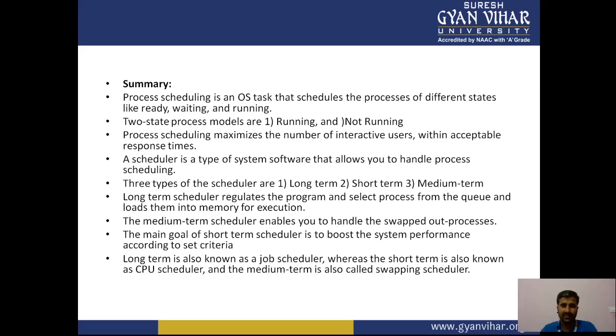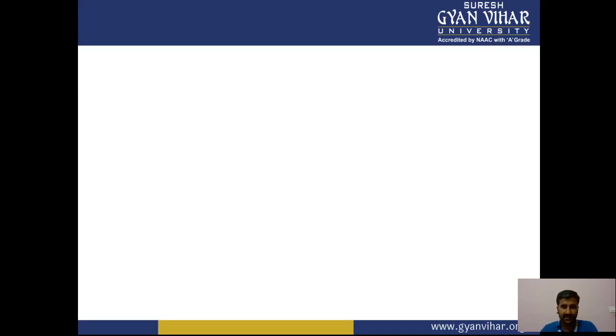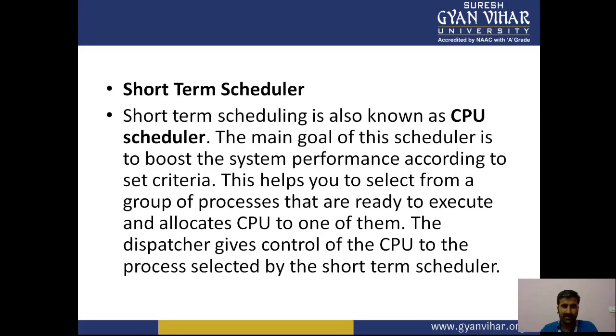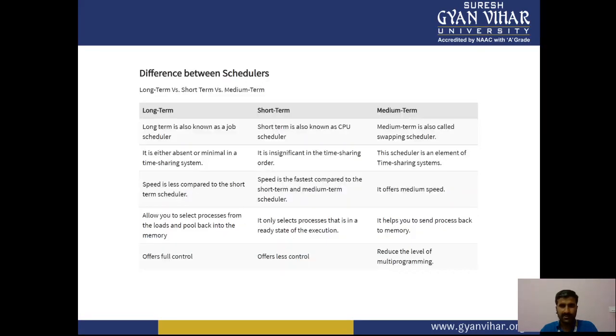And then we go to the summary. Process scheduling is an operating system task that schedules processes in different states like ready and waiting. If we discuss the differences, the long-term scheduler's speed is less compared to the short-term scheduler, the short-term scheduler's speed is fastest, and the medium-term scheduler offers medium speed.